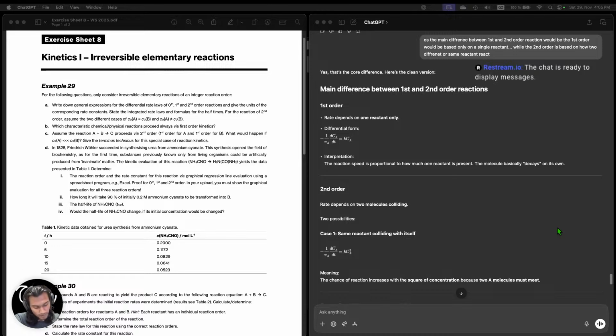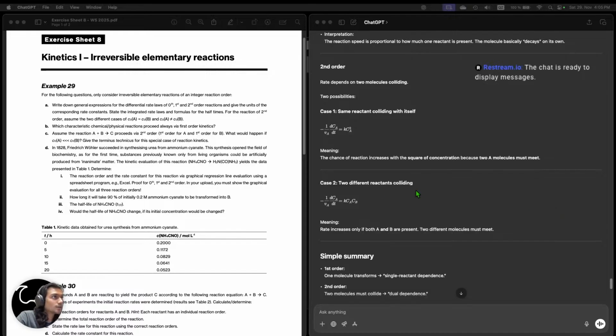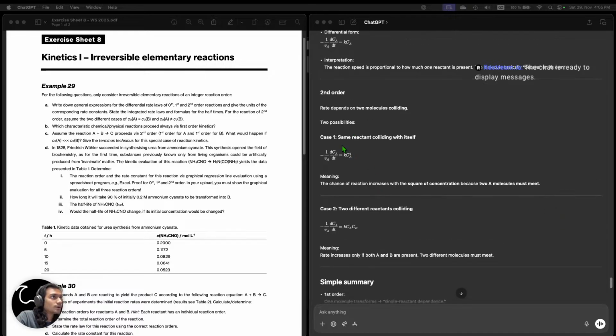So case 1, case 2 for second order reaction. Case 1, same reactant colliding with itself.